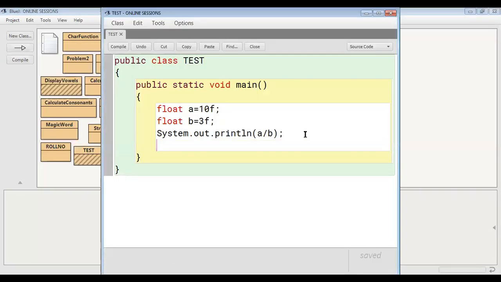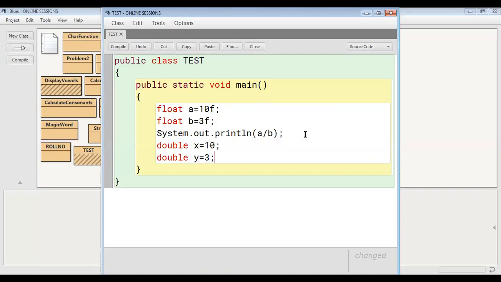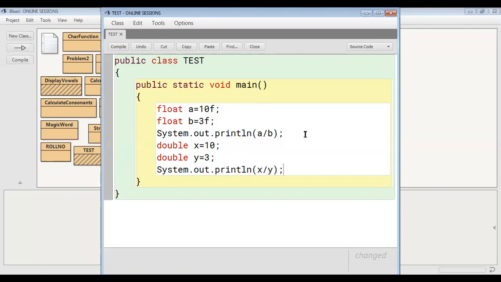Now I will take double x is equal to 10 and double y is equal to 3. So the data type is same, the value is same. The only thing I am doing is that now I am taking double data type and I say x divided by y. Now what is x divided by y? It is 10 divided by 3.